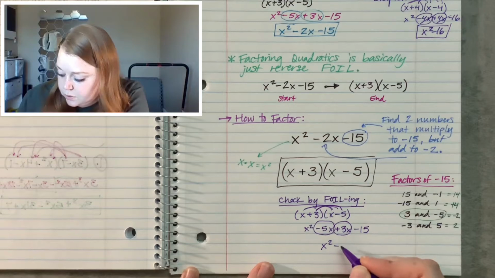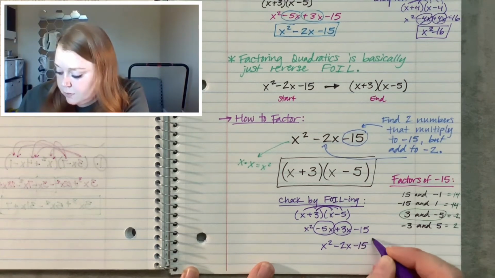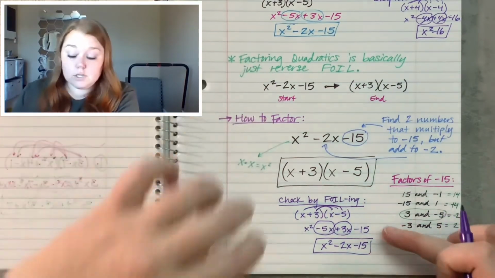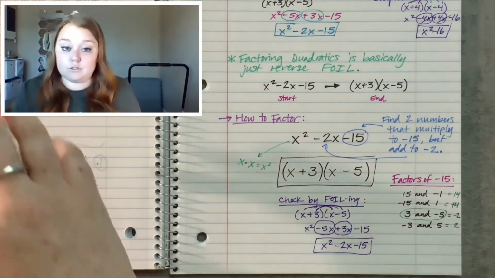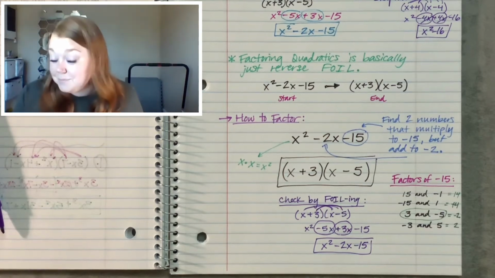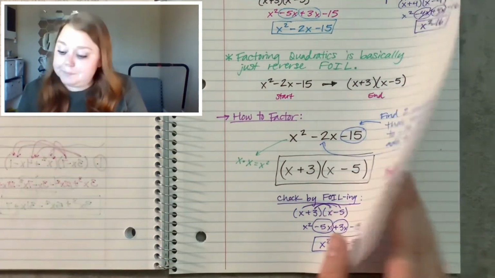Negative 5 plus 3 is negative 2, so that makes negative 2x. And then drop down to negative 15. Okay, so we got this. So that's how you would check, is you would take what you factored out and see if it actually multiplies down to what you started with. Okay, so this takes practice, it really does. So that's what we're gonna do.